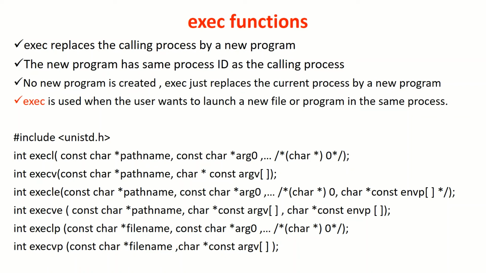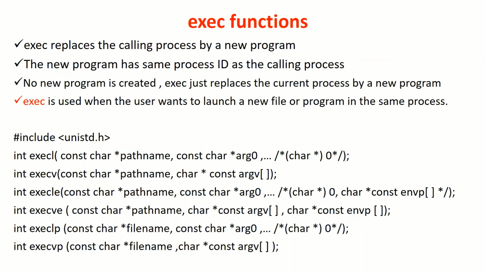Another one is execl with const char *path and then const char *arg. Here file is the file name associated with the file being executed. The const char *arg and ellipsis describe a list of one or more pointers to null terminated strings that represent the argument list available to the executed program.